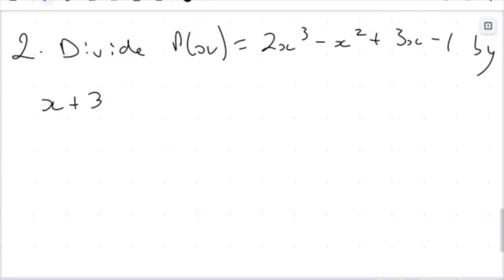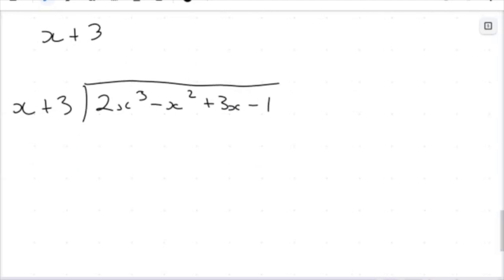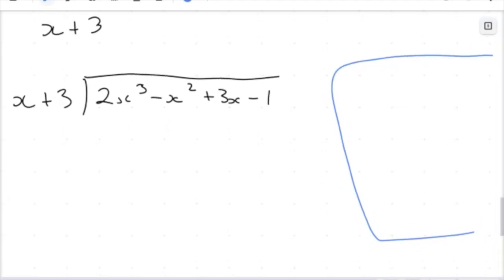So I'm going to set this up again. I've got x plus 3, I've got 2x cubed minus x squared plus 3x minus 1. And I'm going to once again include my working out space over here. And let's begin. So I'm going to go through this a little bit quicker.